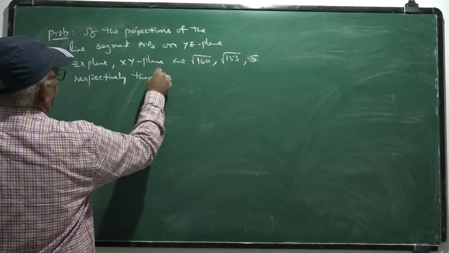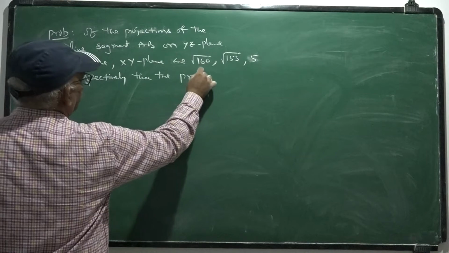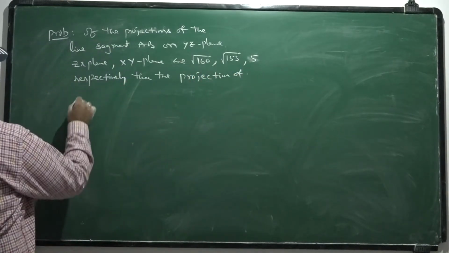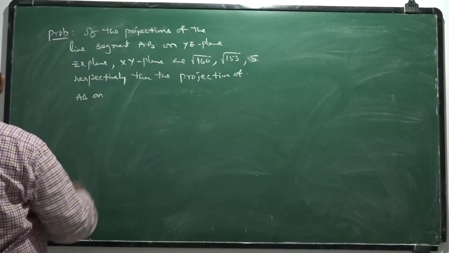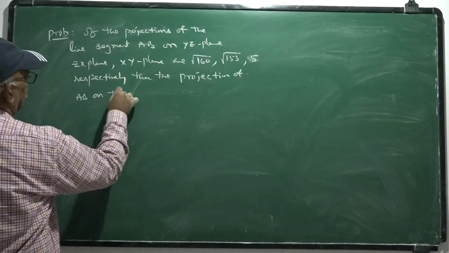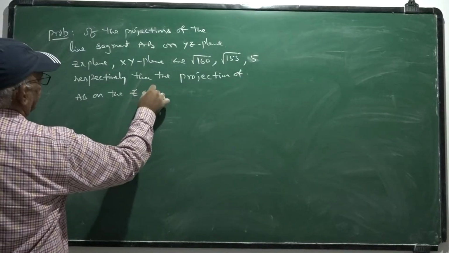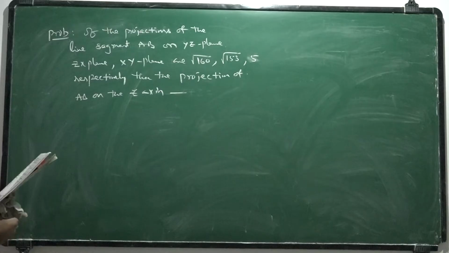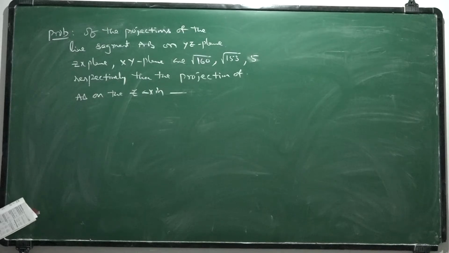Then find the projection of AB on the z-axis. The projections of a line segment AB on coordinate planes are given here. In such case, we find the projection of AB on z-axis.